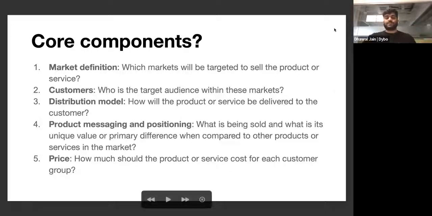Then it comes down to the distribution model, which is how your product or service will be delivered to the customer. Just to give you an example, there are companies who manufacture a product, then sell it to, let's say, a wholesaler, who in turn sells it to a retailer, and then customers buy it from the retailer, right?